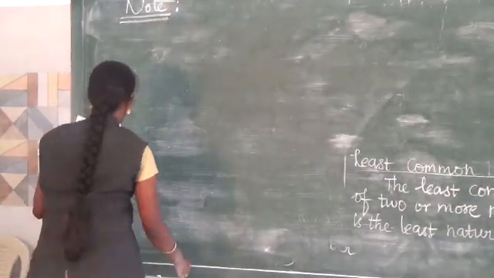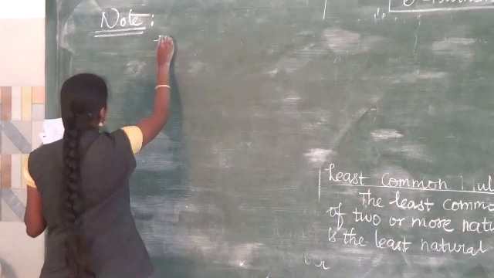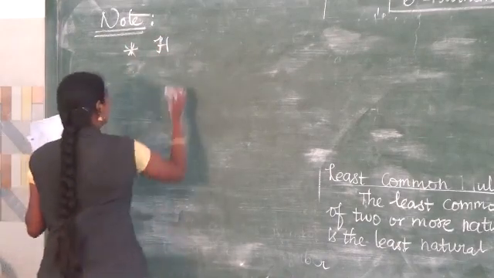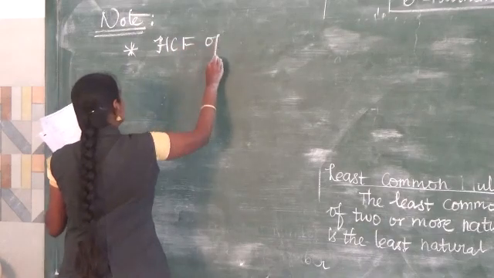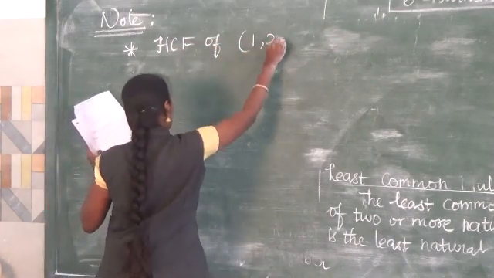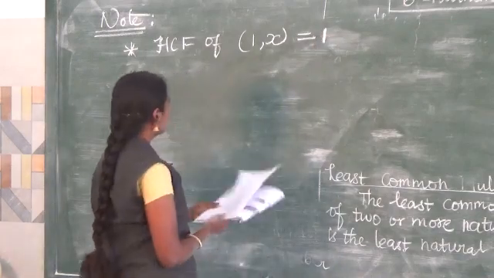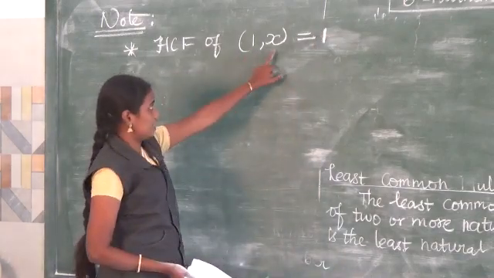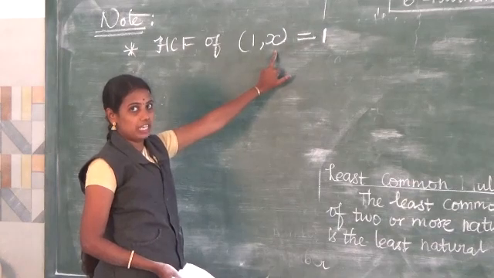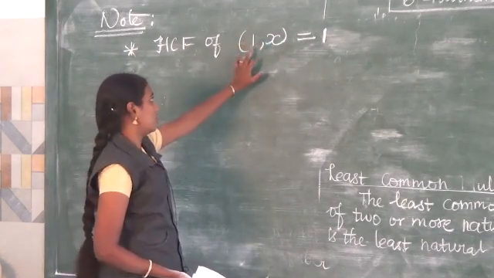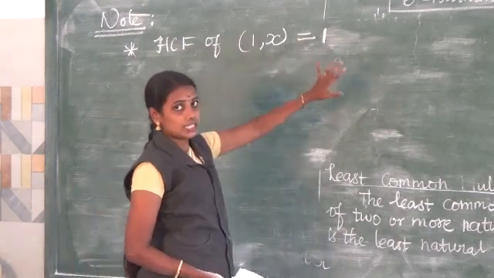So these are the important 1 marks. Listen, the first point: the HCF of 1 and X is always 1. X means it may be any number. If you go along with 1, the answer will be 1.